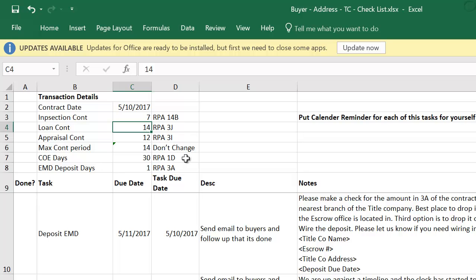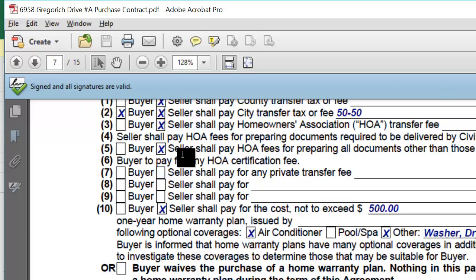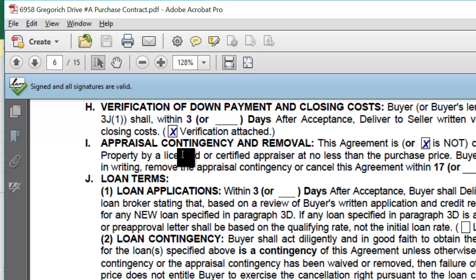Similarly, we check if there is any loan contingency or not and how many days. For that, we need to go to the same document in section 3J. I'm scrolling up to go to 3J. So 3J is here.